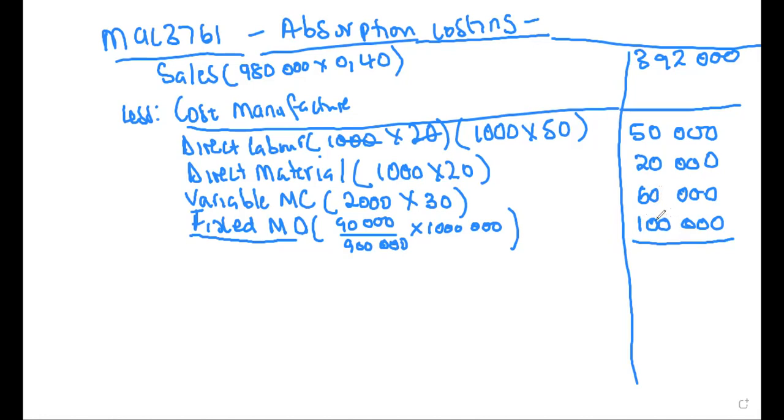I'm getting 230,000. Then in this 230,000, you now less closing inventory. You go to your question: what is the value of closing inventory?